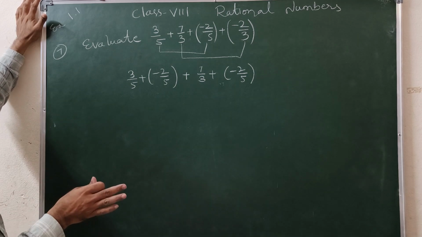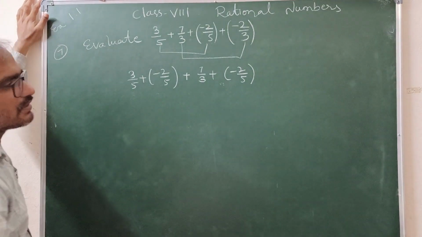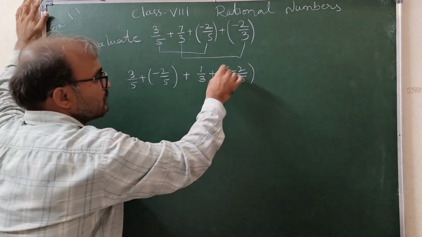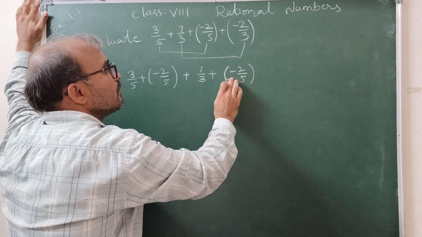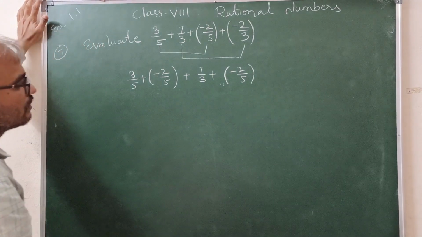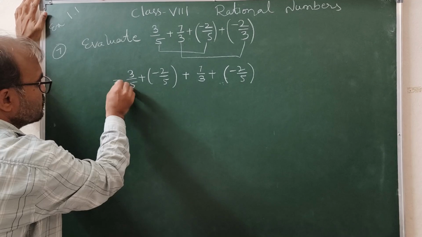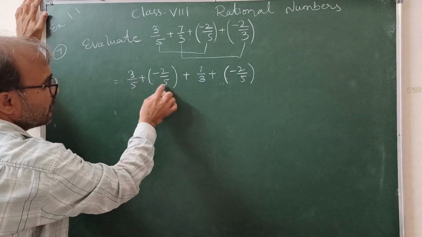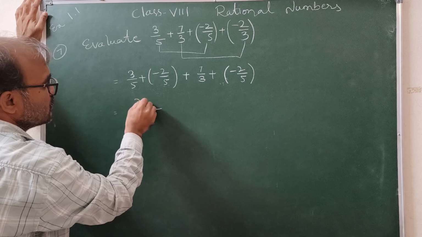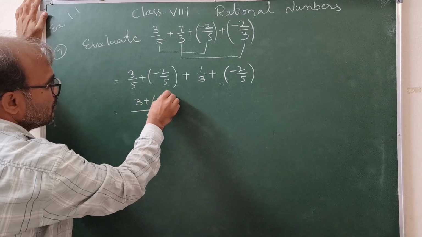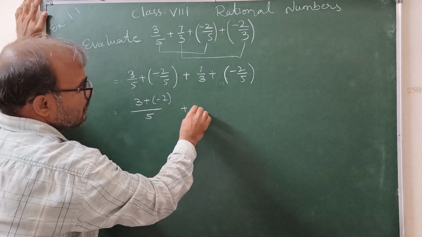Or if you simply think also, addition is commutative and associative for rational numbers. So you can change the order of numbers without any doubt, right? Now, simplify these two first of all. The denominator is 5. This is 3, this is minus 2. Write this plus symbol.